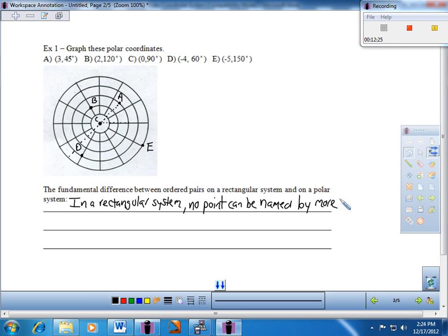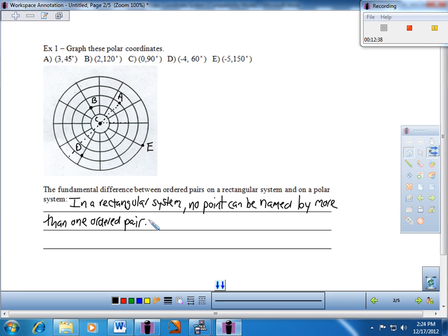Each point, one ordered pair. So no point can be named by more than one ordered pair. Okay, all right, perfect. And that would be the case, of course. Every point has a single X and a single Y that goes with it, and that is it.